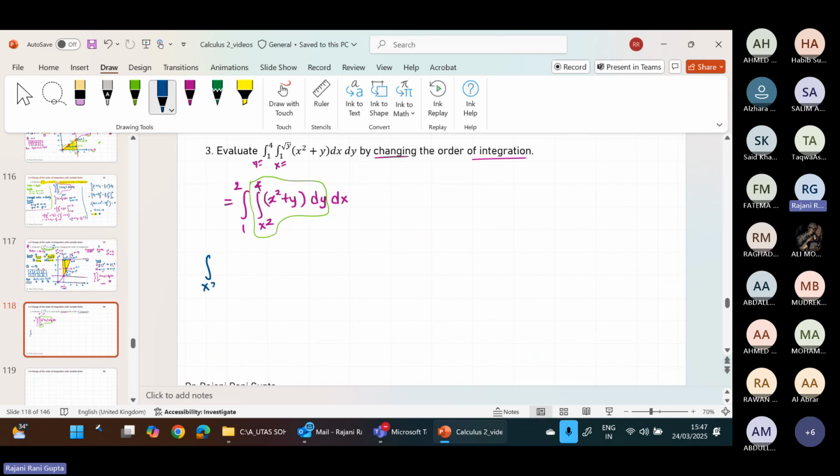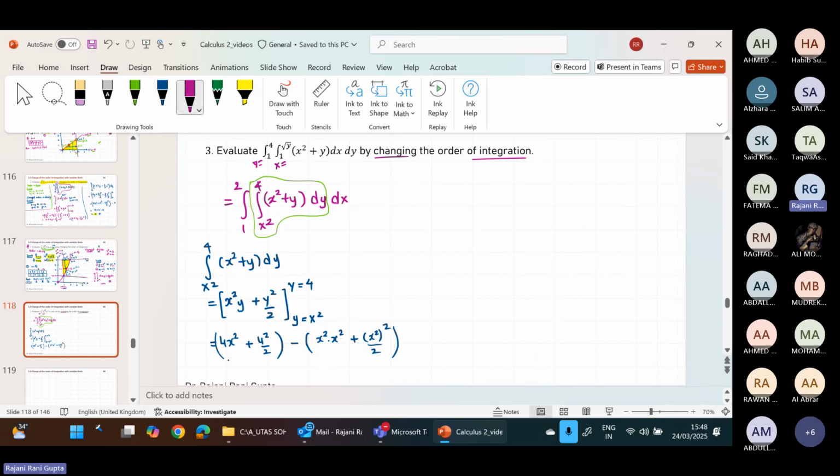So integral x square to 4 of x square plus y dy. Integrating it with respect to y, it gives you x square y plus y square over 2. Limit of integration is x square to 4. Giving you what? x square times 4 plus 4 square over 2 minus x square times x square plus x power 4 over 2.